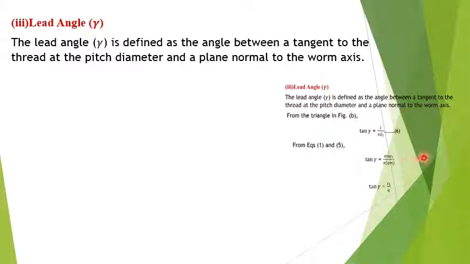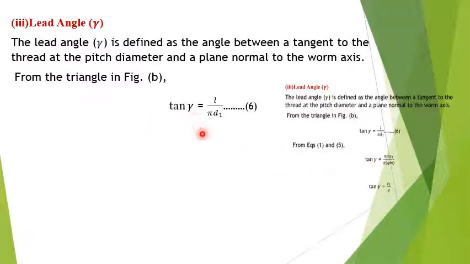It is nothing but the angle between a tangent to this thread and a plane which is normal to the axis of the worm. From this figure we can write tan of this angle as L by pi d1. Let's take it as equation number 6.